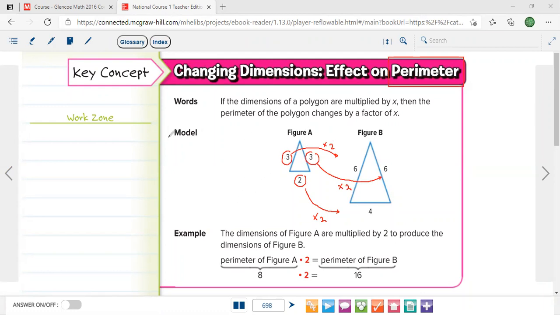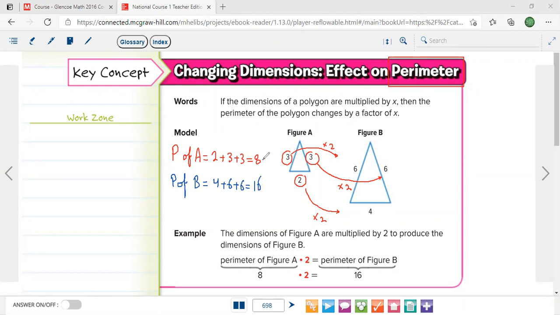If we find the perimeter of figure A, we add the sides 2 plus 3 plus 3, this will give you 8. And the perimeter of figure B is 4 plus 6 plus 6, this will give you 16.